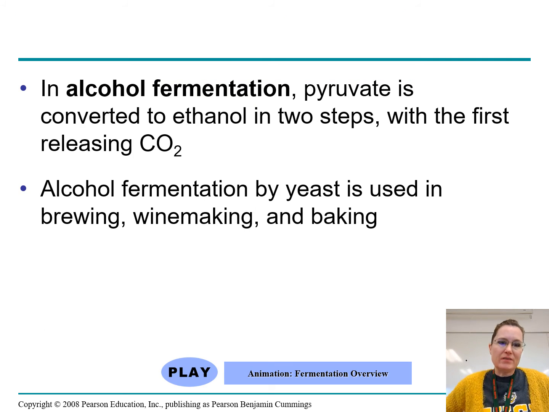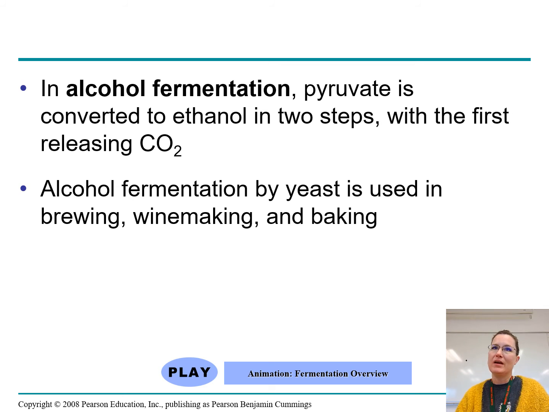There are 2 kinds of fermentation that we're going to talk about: alcoholic fermentation and lactic acid fermentation. The difference between the 2 is what kind of organism does them. Primarily alcohol fermentation occurs in prokaryotes, in yeast. If your parent makes micro brews, they're pretty big in Colorado, but you're too young for them, yeast is the thing that they use.